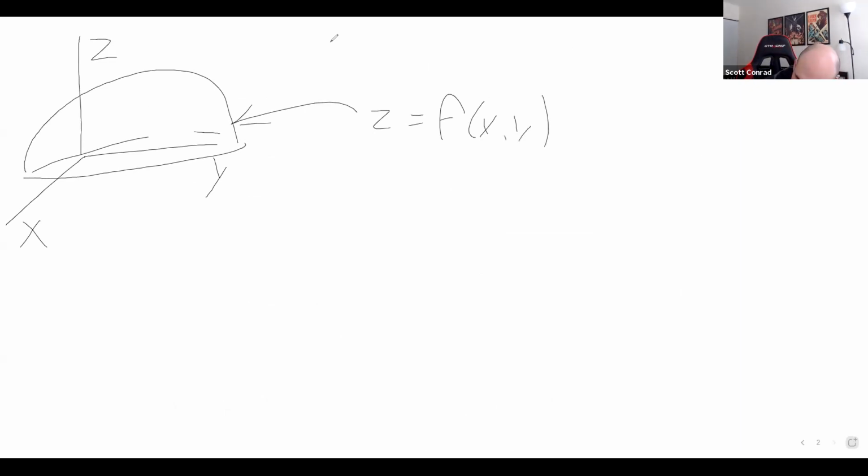And if you pick a point P on our surface, we can look at the tangent plane to the graph at that point.